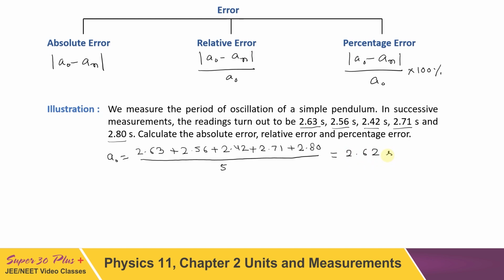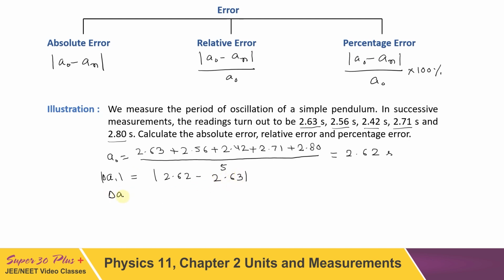Now it is asking for absolute error. In all the observations, an absolute error will be there, but it is asking for the absolute error for this whole measurement. So what we have to take? We have to actually write the mean of absolute error. So let us calculate each absolute error. For reading 1, delta A1 would be equal to mod of 2.62 minus the first reading, that is 2.63.